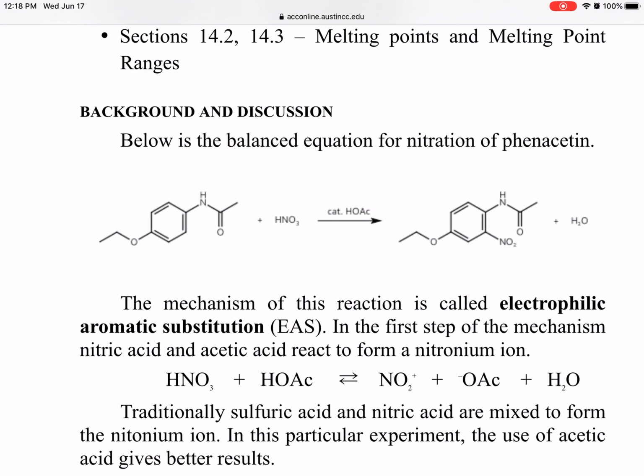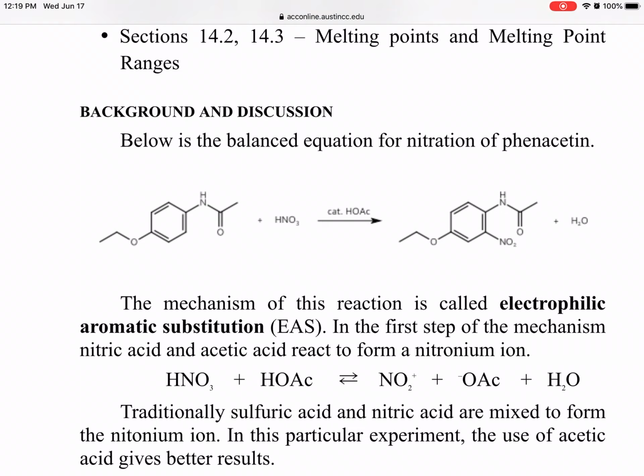And then the reactants, we are going to be adding nitric acid and catalytic acetic acid, abbreviated as HOAc, and then the nitro group will add on to the ortho position of the amide group. Amide group is NHCOCH3 group, so it would be the ortho position.